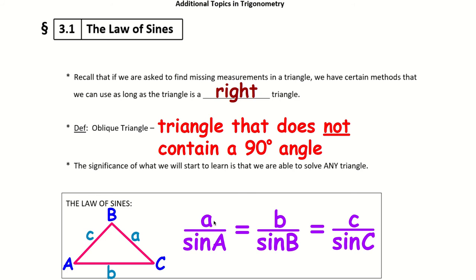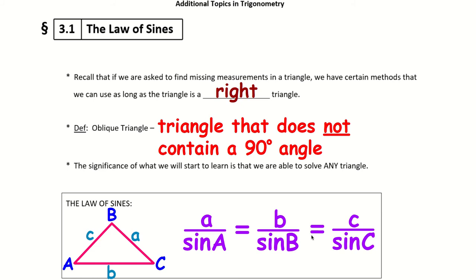It says side A over the sine of angle A is going to be equal to side B over sine of angle B, which is also going to equal side C over the sine of angle C. So as you're finishing writing that down, you'll probably notice that this is a weird formula because there are two equal signs. That's kind of weird.